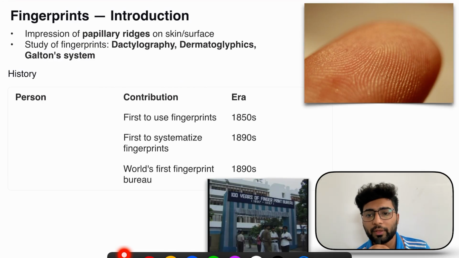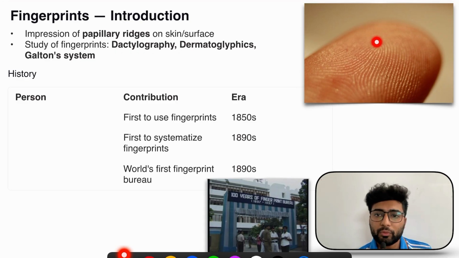Now coming on to fingerprinting. What is fingerprinting? You can see these are papillary ridges. The impression of these papillary ridges on the skin surface is fingerprinting. The study of fingerprinting is called dactylography or dermatoglyphics, and it is also called Galton's system. Why?